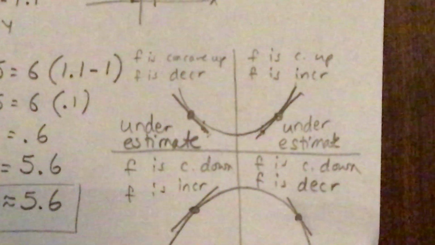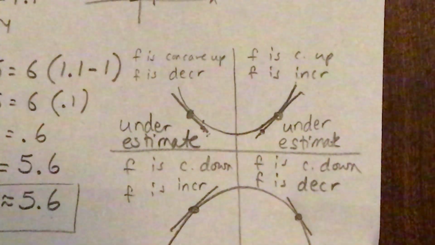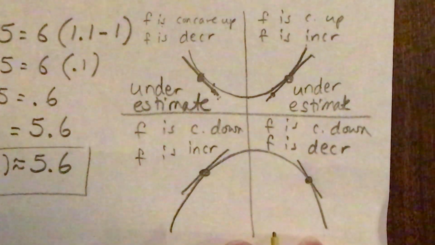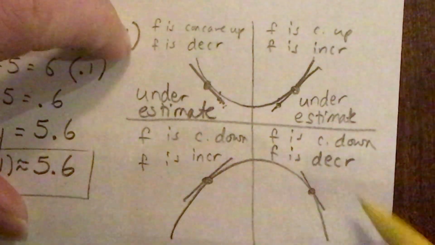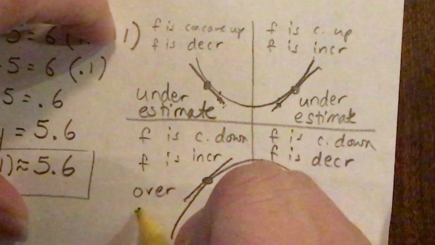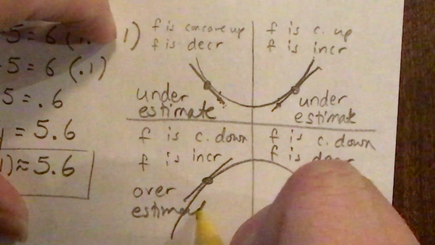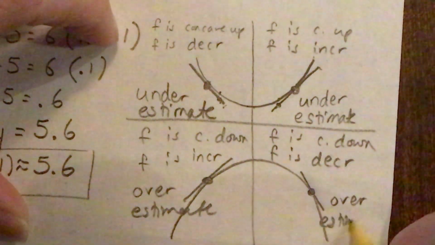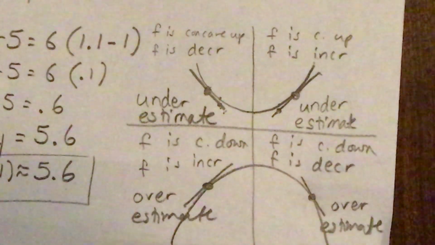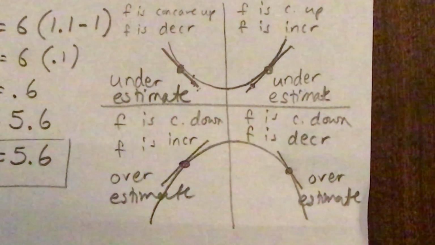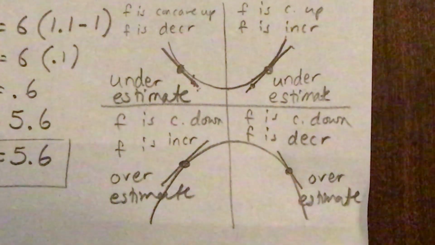Down here, for concave down, f is increasing and decreasing on both of those. Your tangent line is above the curve, so that is an overestimate. And over here, again, overestimate. Okay, now this is something that you can definitely memorize if that's your deal, or you could just draw out a curve.